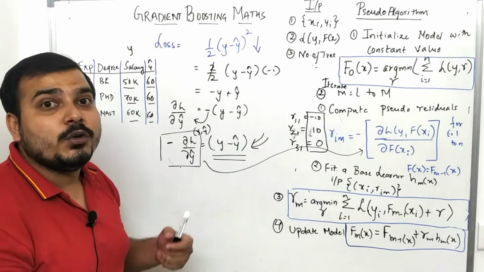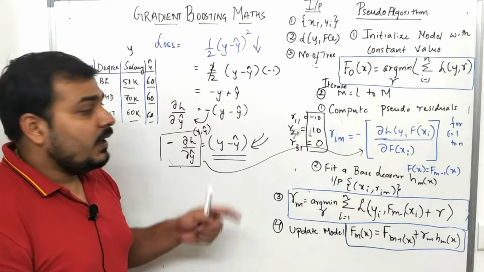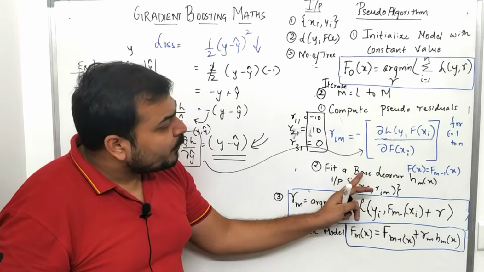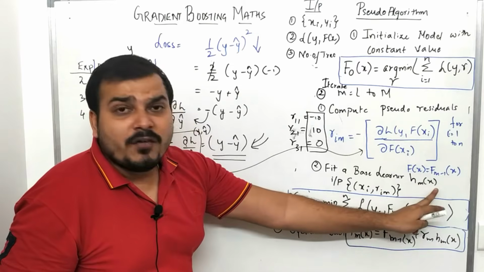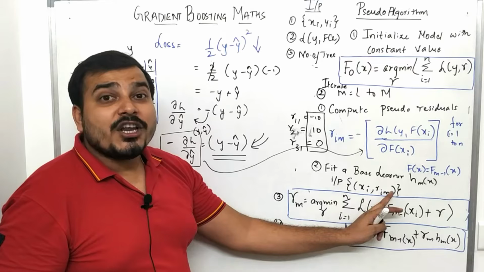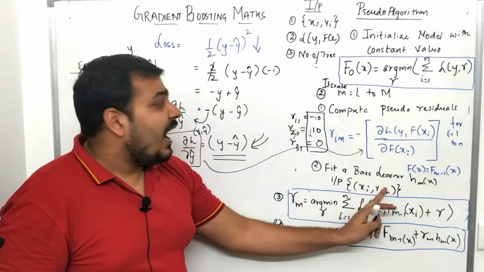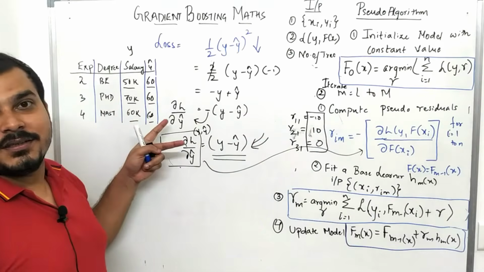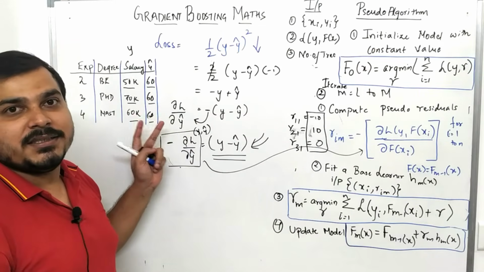That is what I'm going to do in the next step. This is what the second step is saying: you have to fit a base learner h m of x wherein your input is x of i and your output, or dependent feature, is r i m. R i m is nothing but these three values with respect to these three records. Pretty simple, pretty easy guys.